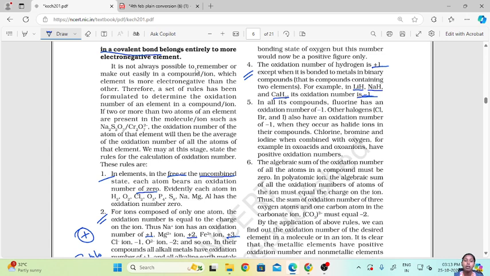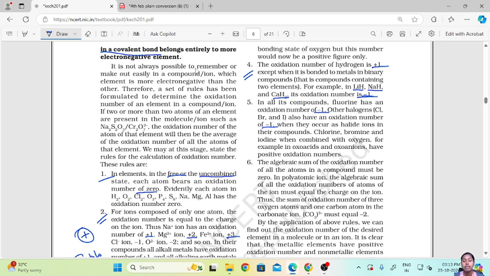Now, in all its compounds, fluorine has an oxidation number of -1. Other halogens like chlorine, bromine and iodine also have an oxidation number of -1 when they occur as halide ions.